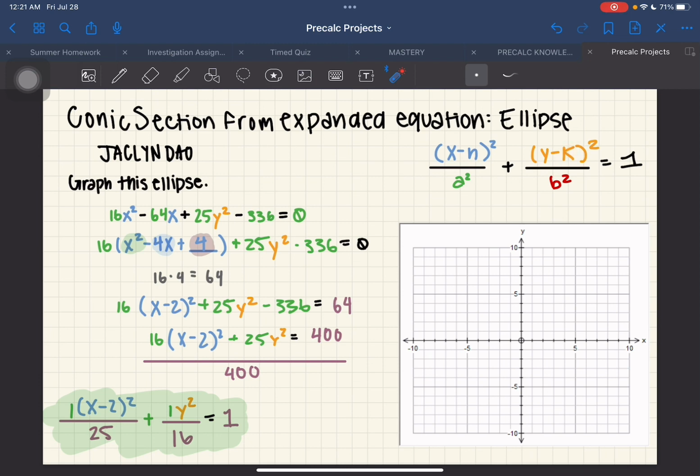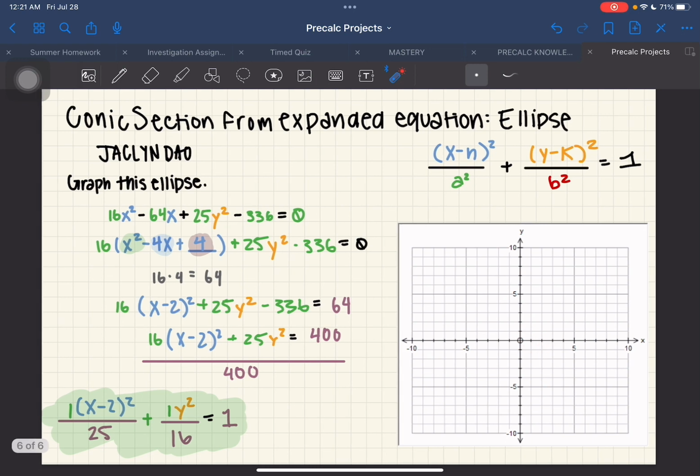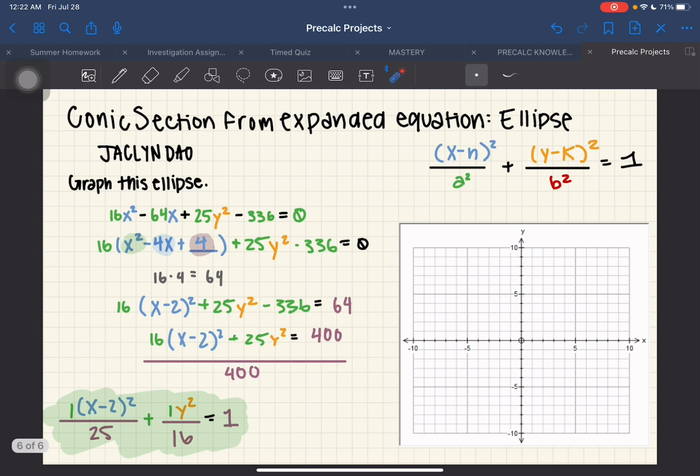And x minus 2 squared means h is equal to 2. So let's plot our center using the orange. X is equal to positive 2, y is equal to 0. So let's plot it right there.